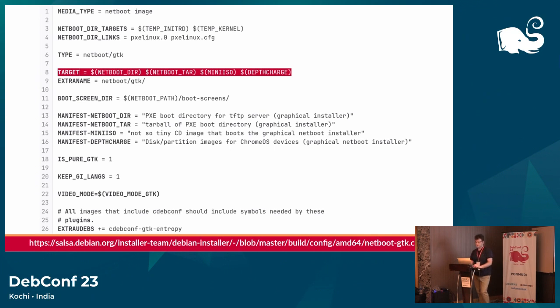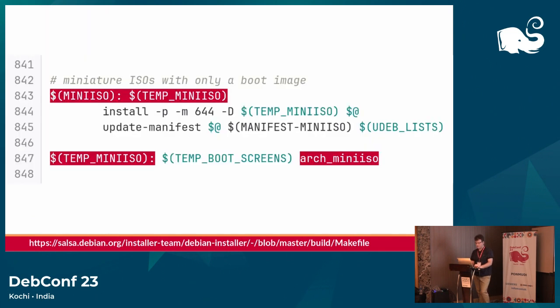This mini ISO, we can find a reference to it in the global makefile. It depends on a temp mini ISO and copies it to the mini ISO. And the temp mini ISO calls a recipe called arch_miniiso.